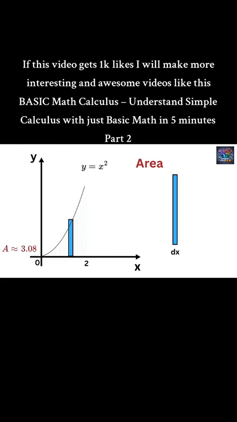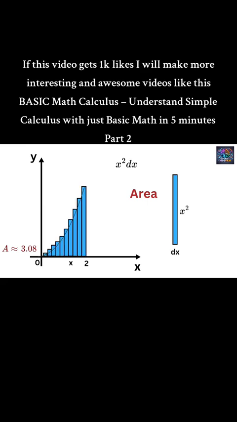Assume for this parabola, at some value of x, we have the height of this rectangle as x squared. So the area of this rectangle will be x squared times its width, or dx. And then we sum all of these areas, which will be this summation of x squared times dx. And the value of x goes from 0, right here, up to 2, right here.